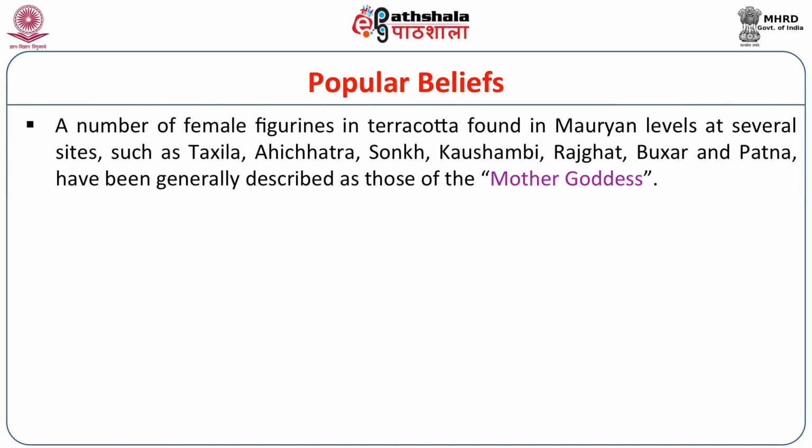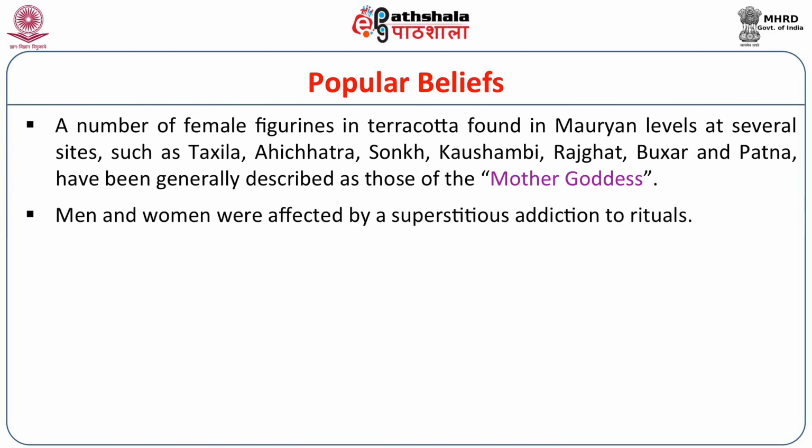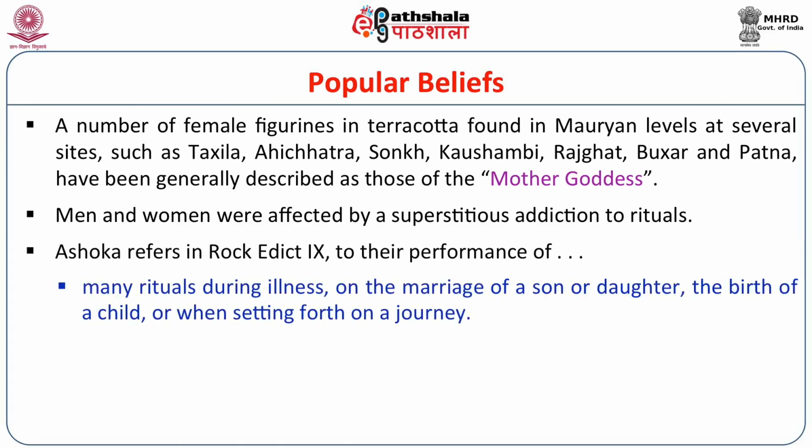Sites like Taxila, Ahichhatra, Sonkh, Kosambi, Rajghat, etc. yield up a plethora of such figurines which have been described as figurines of the mother goddess. References to superstitious rituals are also found in the Ashokan edicts, and we have references to rituals which were performed during illnesses, during childbirth, or on the onset of a journey, and so on and so forth.